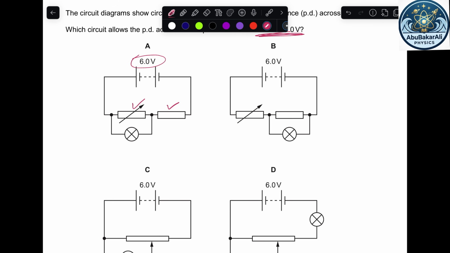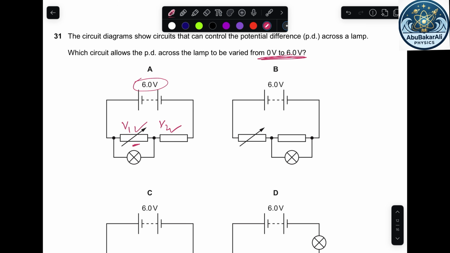You can't make this resistance 0 because it will have some value. So whatever the value, it will have some of the voltage. So across the lamp, this is the lamp, the lamp will never have the 6 volt. Why? Because some of the share will be here, in all the cases here as well. So you can't make it 6 volt in any case.